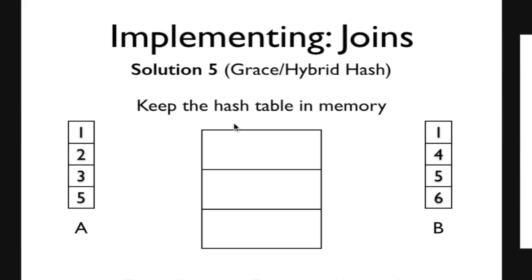In practice, implementations of hash tables do this for you. So, for example, Java's hash table or hash map implementation does this automatically. It will create a set of buckets, and if two things fall into the same bucket, then it will automatically use the equals operator to figure out whether it'll store both elements in the same bucket, and it'll use equals to distinguish between them, essentially performing a nested loop join for you.